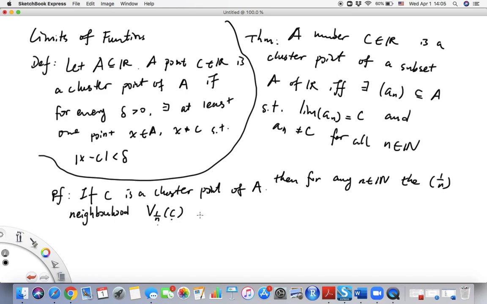Okay, so that by definition contains at least one point a_n in A distinct from c.